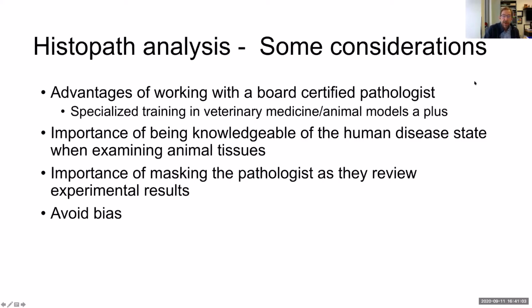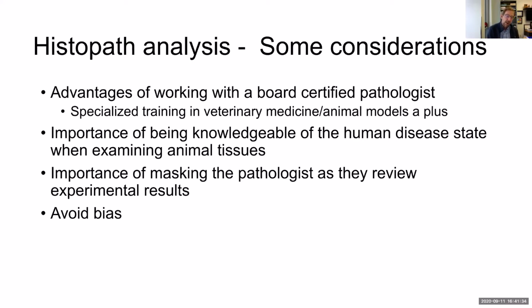With the histopath analysis, having done a lot of things with animal models over the years, having a board certified pathologist, especially one that happens to be trained in veterinary medicine and animal models, is a huge plus. As you analyze tissues, it's really important to keep in mind what we know about the human disease as we try to look for parallels in animal tissues.